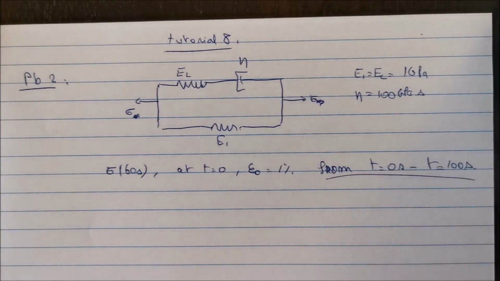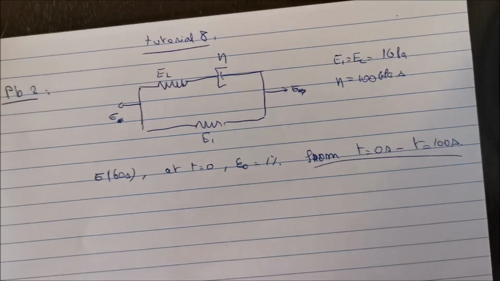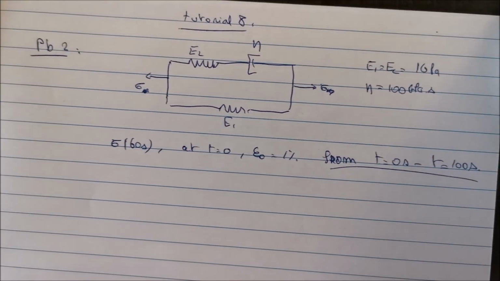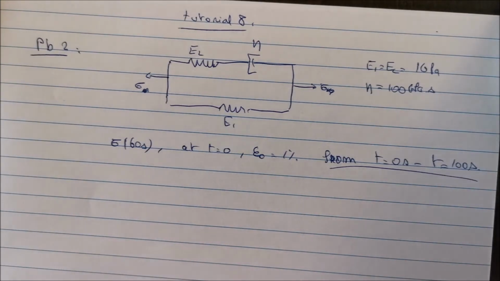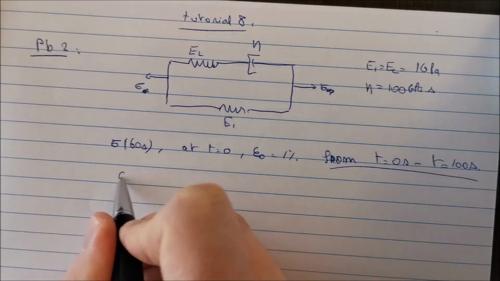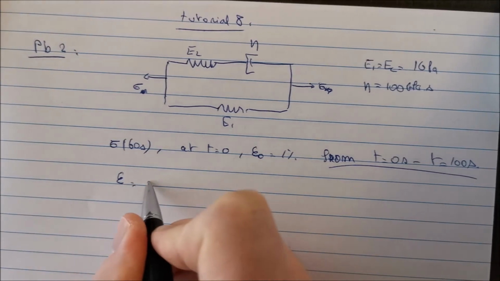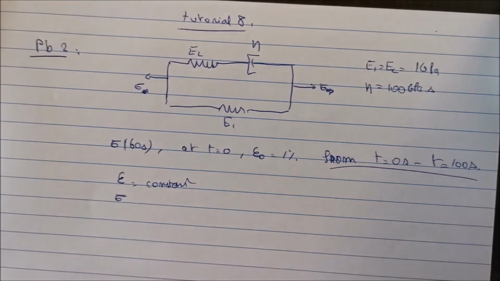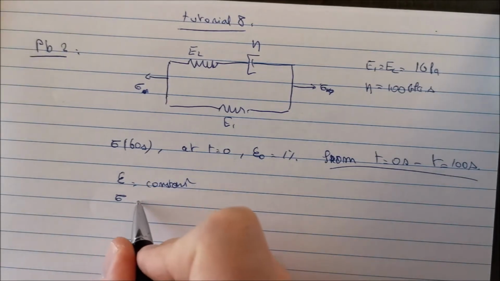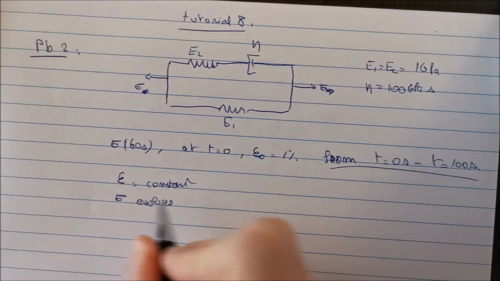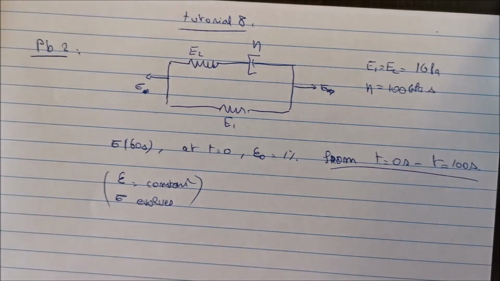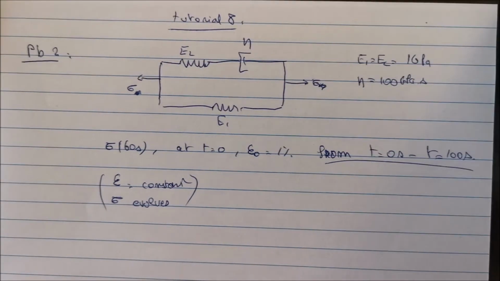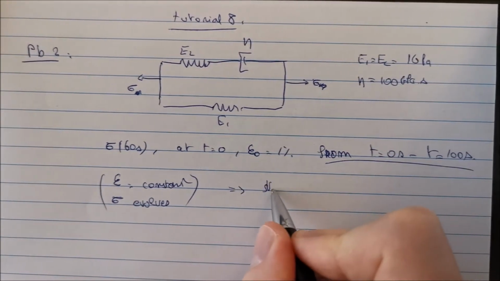So from these assumptions, we have a system where the strain is constant, and we are going to look at how the stress evolves. This kind of system is the type of test for stress relaxation.